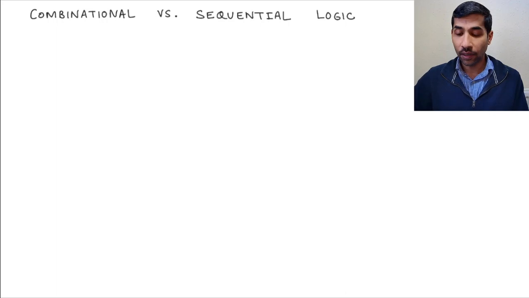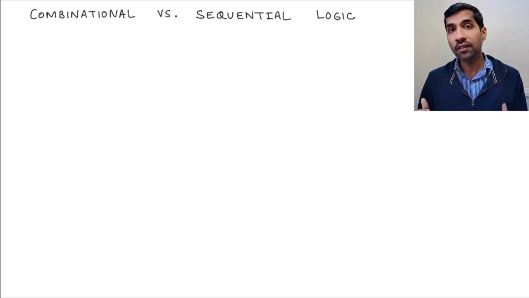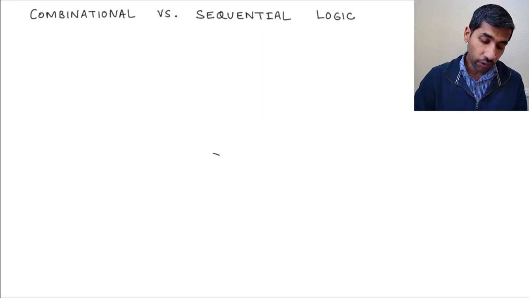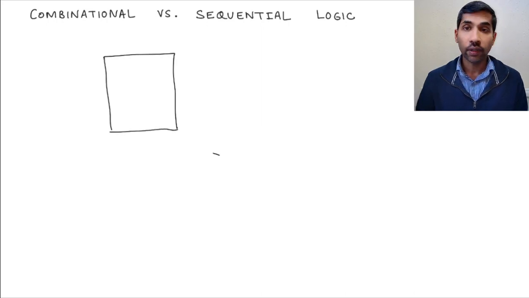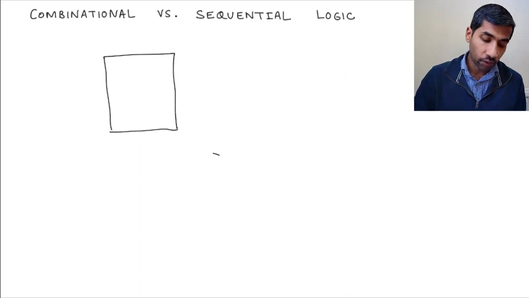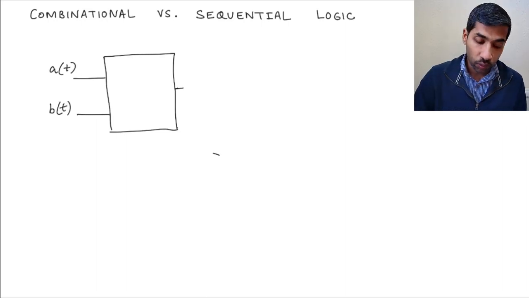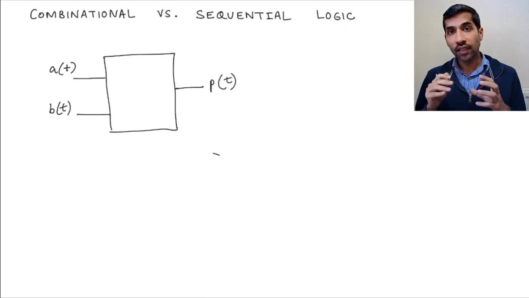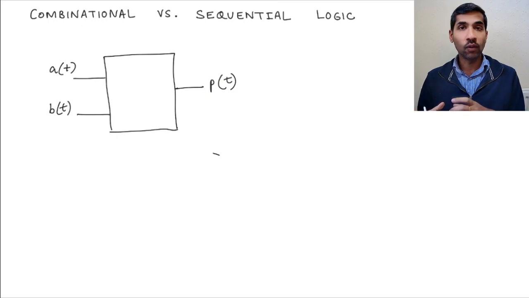So let's think about what it means to have a memory in a system. If you take a system and you call this a combinational logic, and let's say it's got two inputs, A and B, which change with time, and you have an output, let's say P, then the output P is going to depend on A and B at that particular instant of time, right?